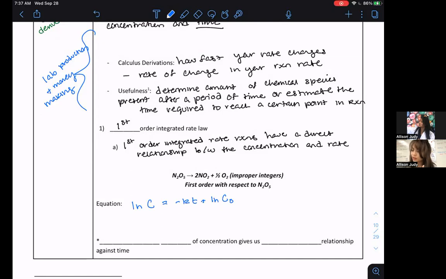So notice I'm talking about concentration. The concentration after a certain amount of time equals the negative rate law constant times time, plus the natural log of the original concentration. Or it could also be written, if you want to use your natural log derivations, that the natural log of C, the concentration after a period of time, divided by C original, the initial concentration, equals negative kt.